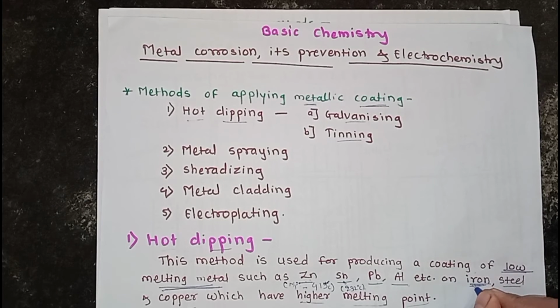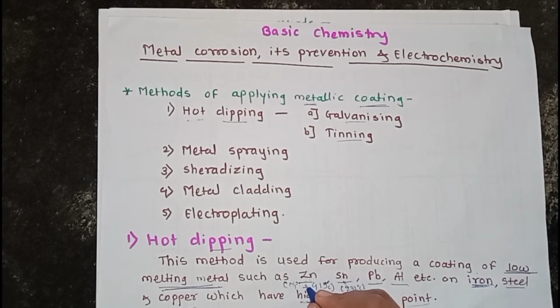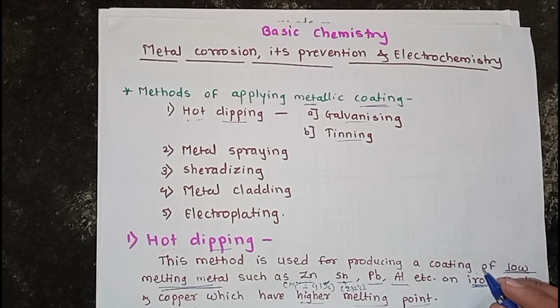We dip the iron piece in a molten zinc tank, and a layer is formed over the iron. This prevents its further oxidation, so the iron gets protected from corrosion. This is the hot dipping method.